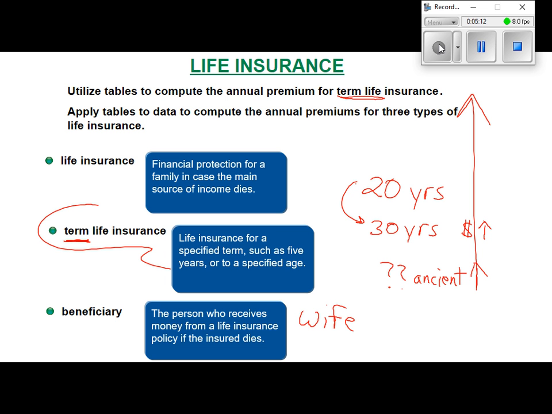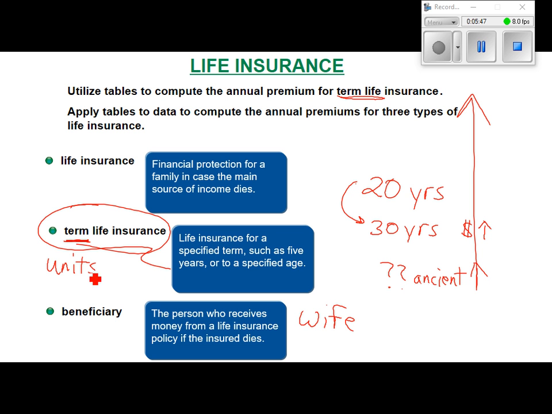Again, we go back up here to this term life insurance. The cost, the premium, which is the amount that you pay per year for the life insurance, depends on your physical, whether you smoke, you drink, all this other stuff, and it depends on your age, and how long you're going to have the term out for, and how many units of life insurance you buy.